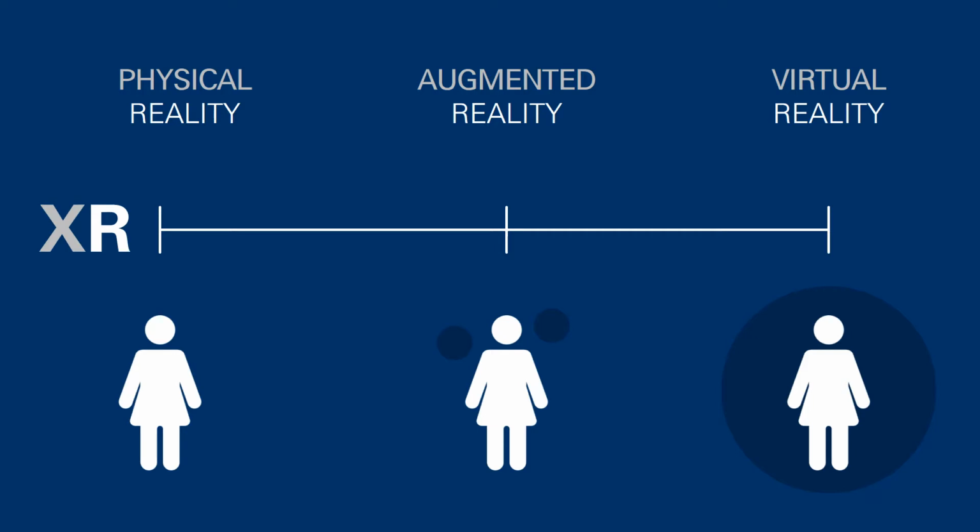But as you begin to add computer-generated elements to that physical reality, we begin to move towards augmented reality, sometimes also called mixed reality, and eventually we get to virtual reality. So virtual reality represents experiences that are completely generated by a computer, where the computer controls the images you see, the objects you interact with, and the sounds you hear.